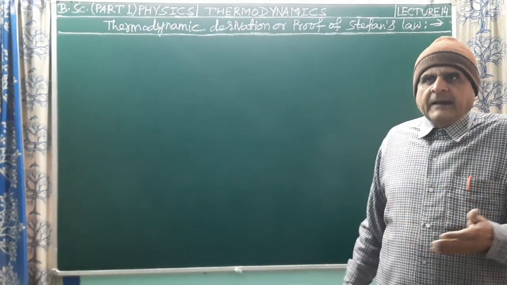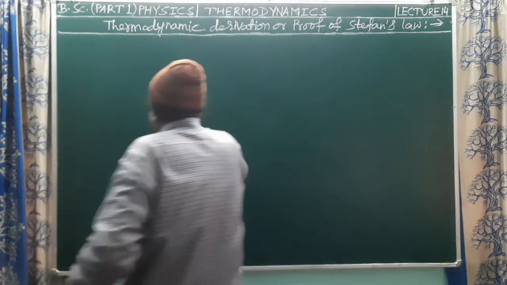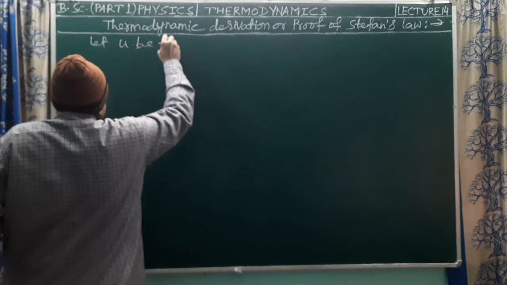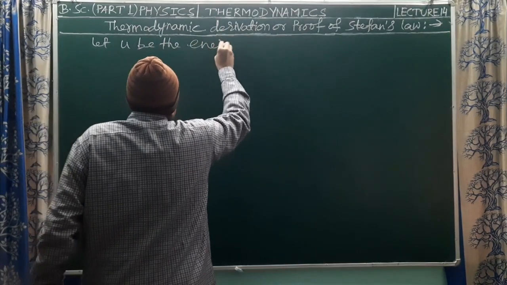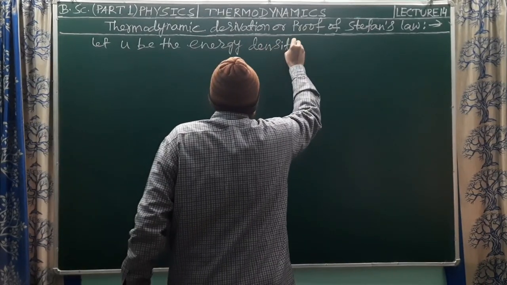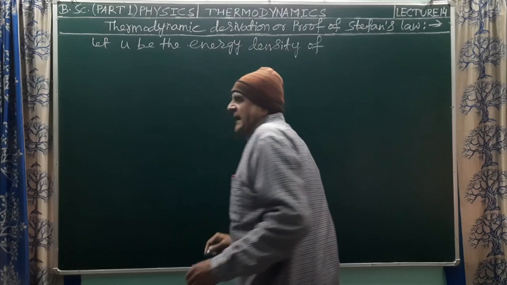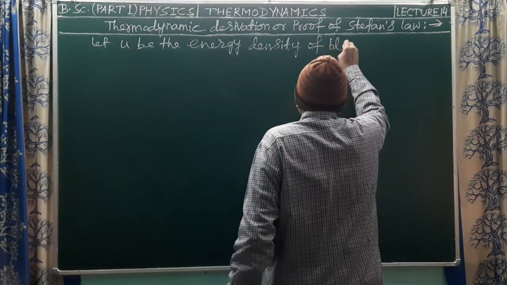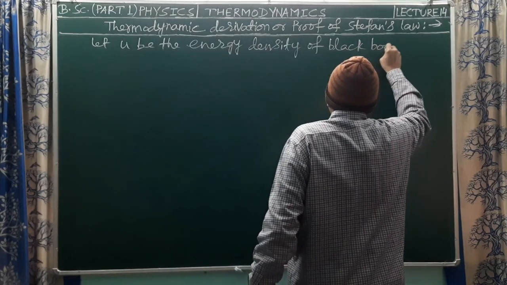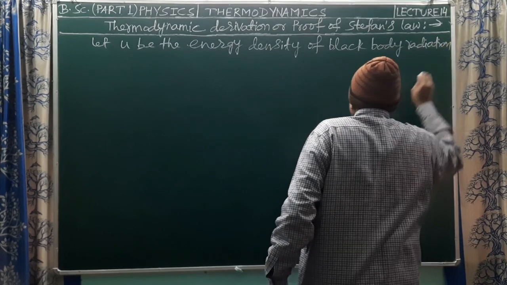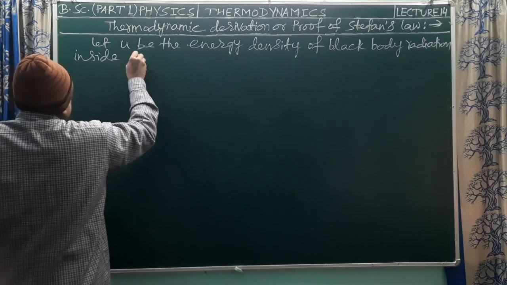So now write down, let a small u be the energy density of black body radiation inside an enclosure.